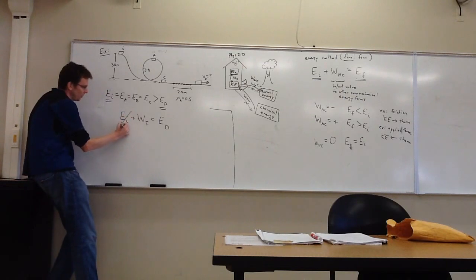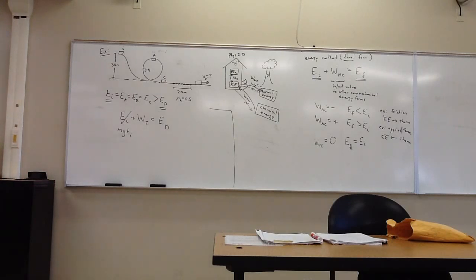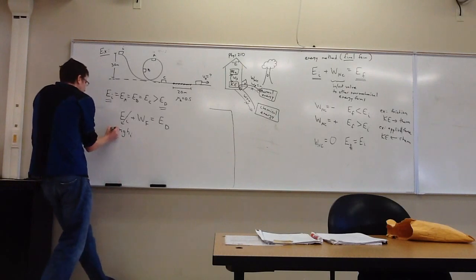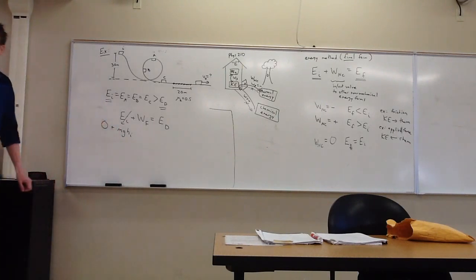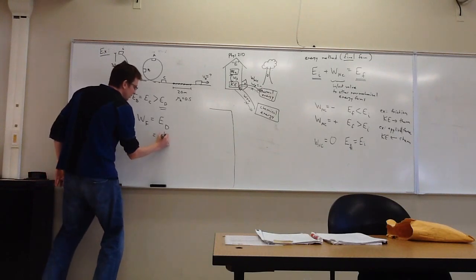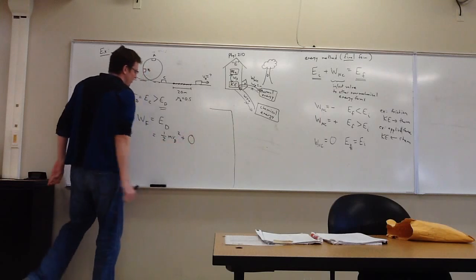So I'll go ahead and put this in. I already decided that this was all potential. There's zero kinetic energy there. I'll put in the 0 here just to remind you of that. At the end, it's all kinetic. Of course, I'm at 0 height, right?